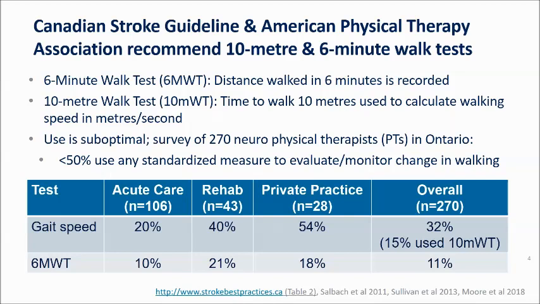And this was particularly notable in acute care. The table shows you that in the acute care setting, only 20% of therapists reported using a measure of gait speed, and 10% used the 6-minute walk test, but the levels were higher in the inpatient rehabilitation and the private practice settings.